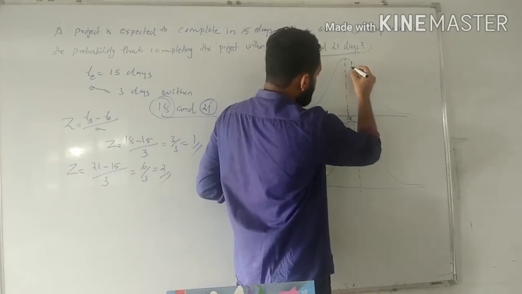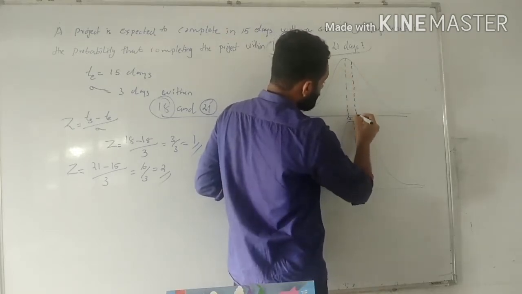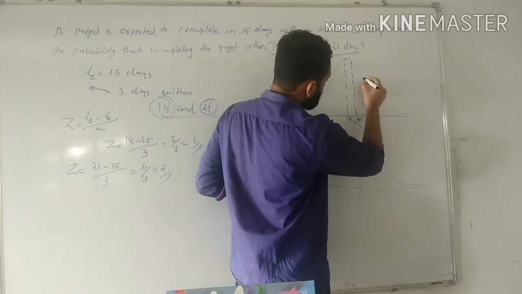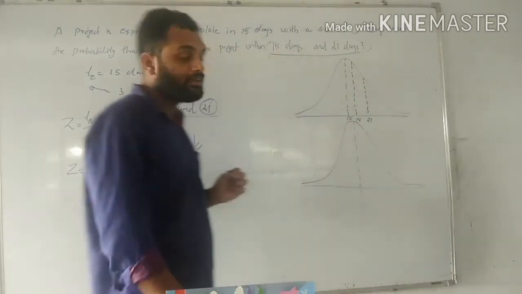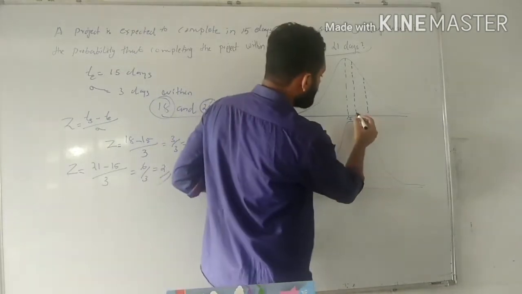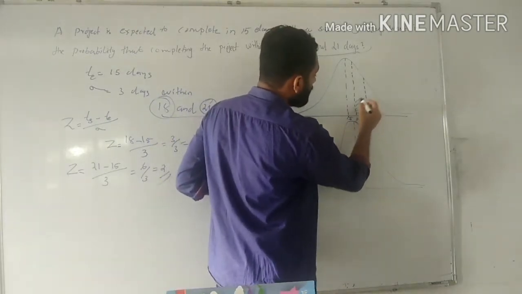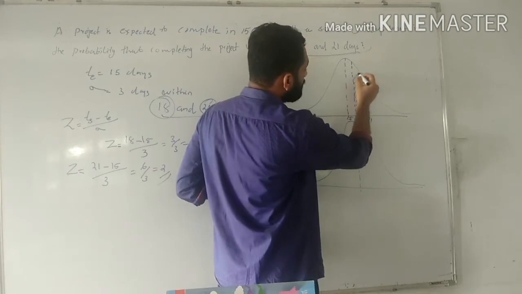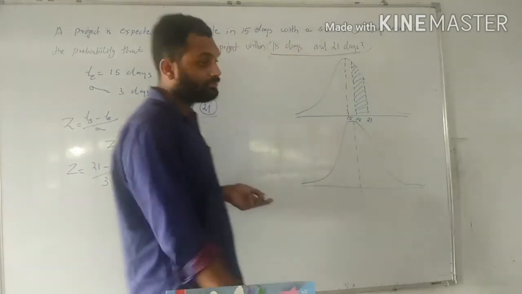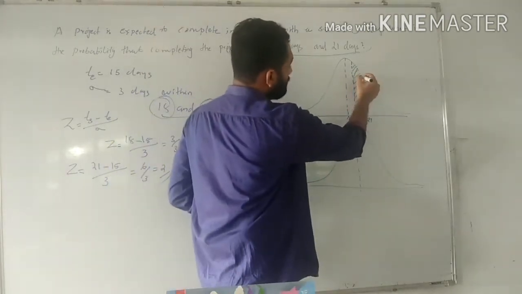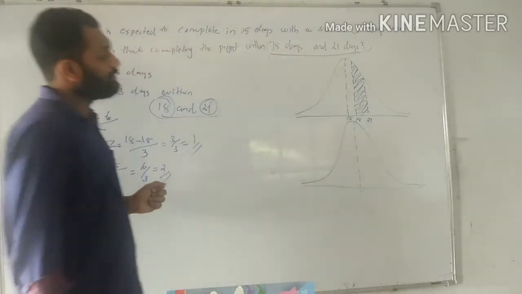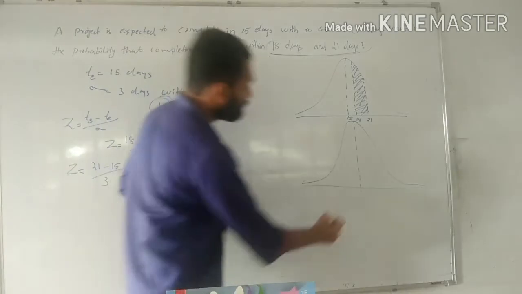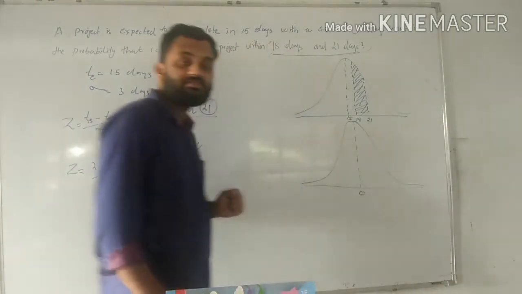So let us assume 18 and 21. We need to find the probability, this area of the normal curve. In the standard normal distribution curve, the mean is 0.